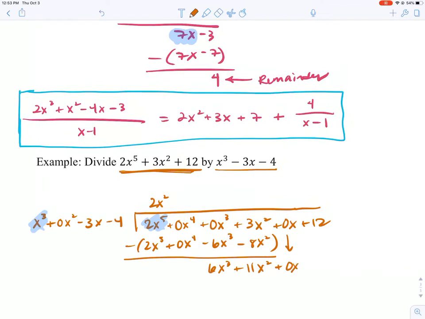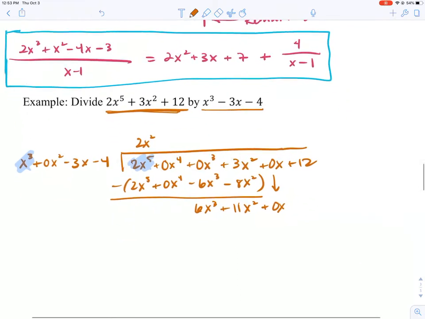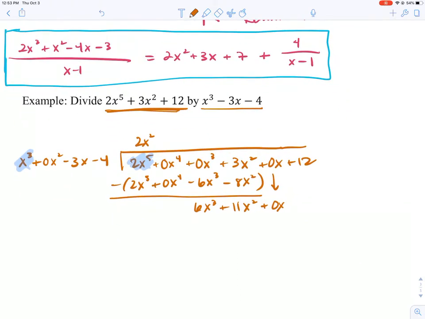Okay, and then notice that everything is nicely lined up. When I use my placeholders, I can actually bring the plus 12 down now as well. So I go, okay, what times x cubed would give me 6x cubed, which is the same as 6x cubed divided by x cubed. So that'll just be plus 6.